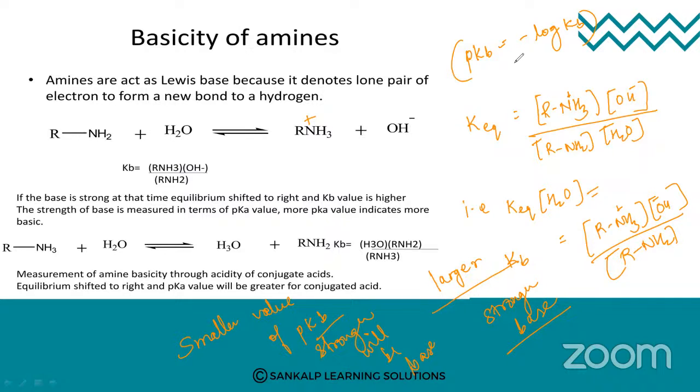So remember this: the larger the value of Kb, the stronger the base, and the smaller the value of pKb, the stronger the base. pKb and Kb are different terms. This is about the basicity of amines. Amines act as Lewis bases and as Arrhenius bases.